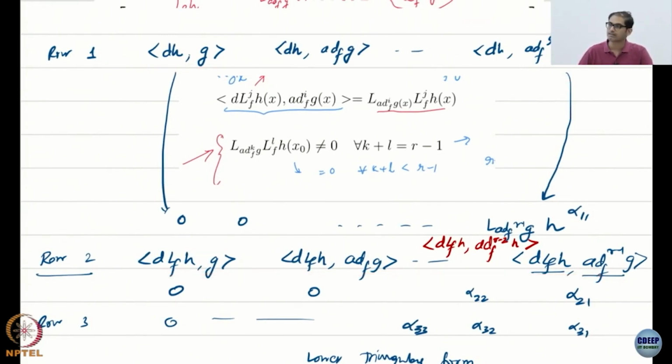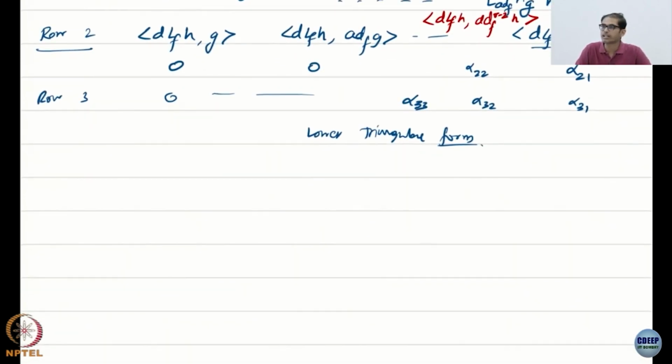So basically you start seeing a lower triangular structure. Why? This is because of the first equality that we proved. In the first row you have the last term to be non-zero, in the second row you have the last two terms to be non-zero, and so on and so forth. So you have a lower triangular form.